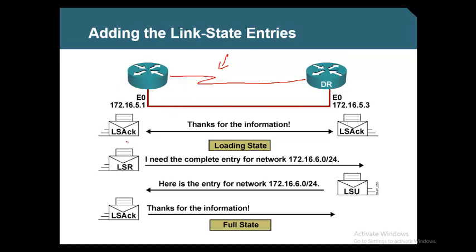But when we have Ethernet wires, at any point of time you may connect a switch in the middle and have many routers. This is 5.1, this is 5.3, and you will have 5.2 here, 5.4 here.